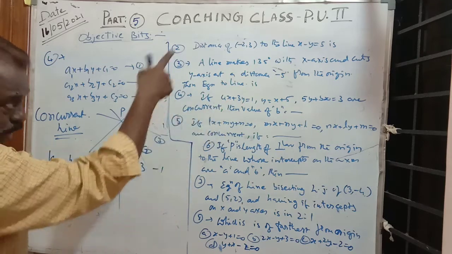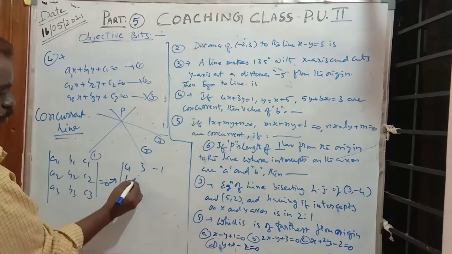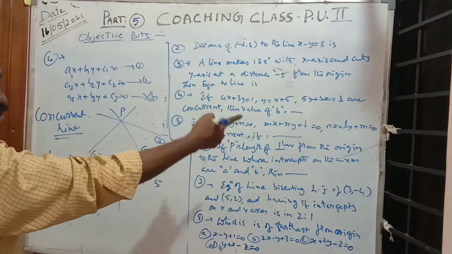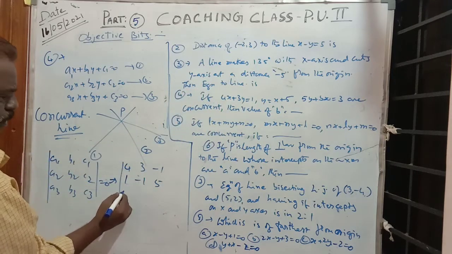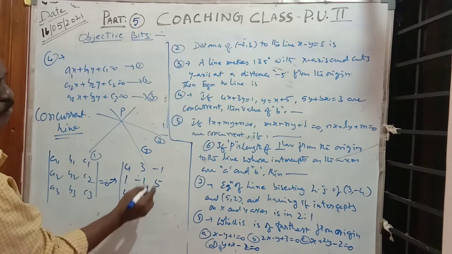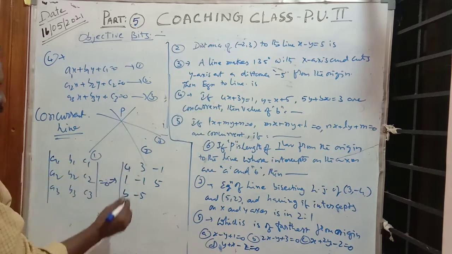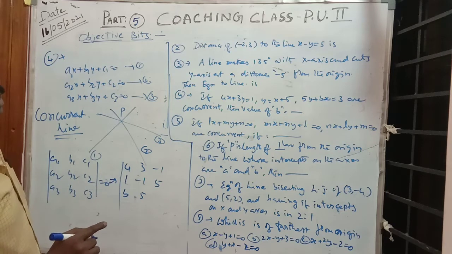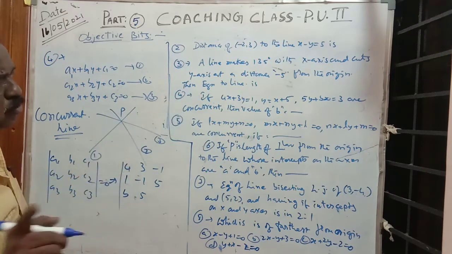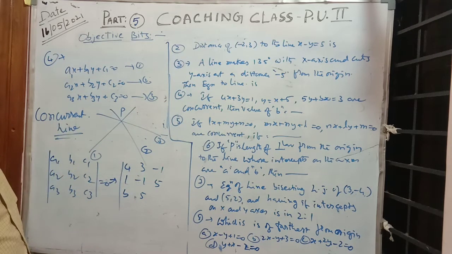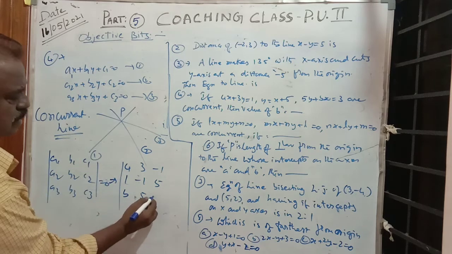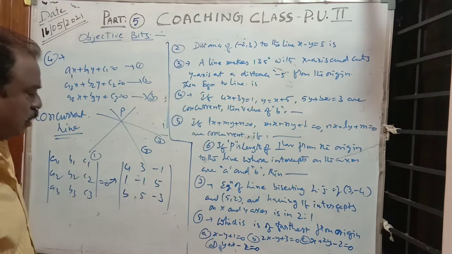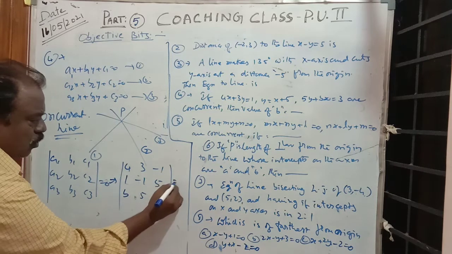Here x - y + 5, that is 1, -1, 5. Don't confuse. And it is b, 5, -3, that is bx + 5y - 3. Is equal to 0.